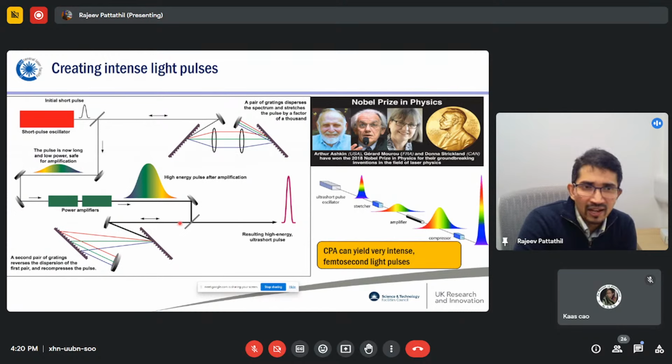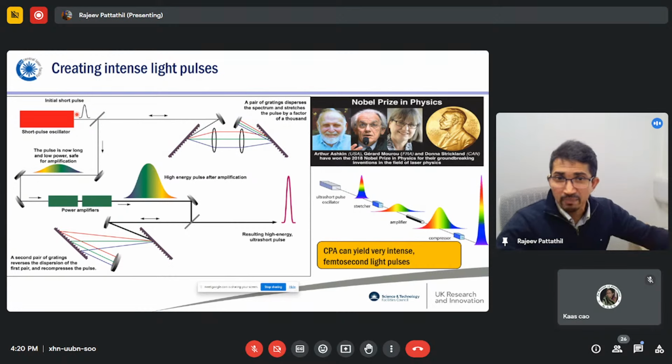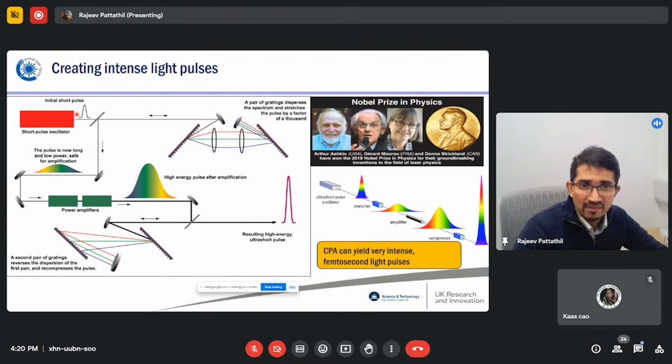Essentially, it starts with a very short pulse, and any pulse, as I said, has multiple colors. You don't want to just amplify these pulses to get high intensity. You can't do that in one go because it will start damaging a lot of optics on the way.